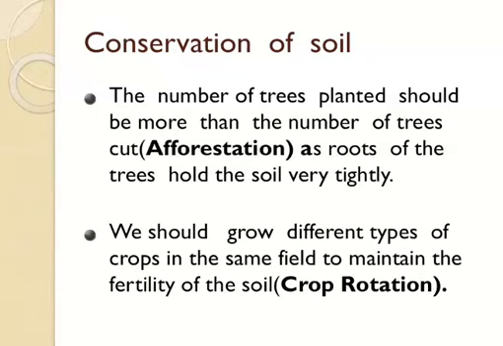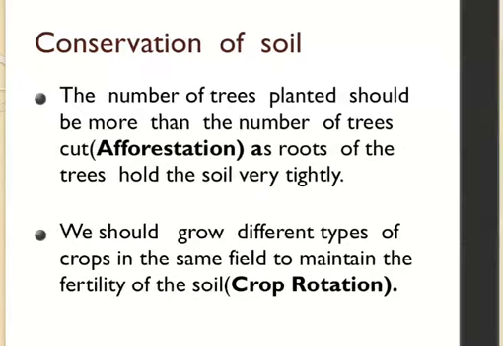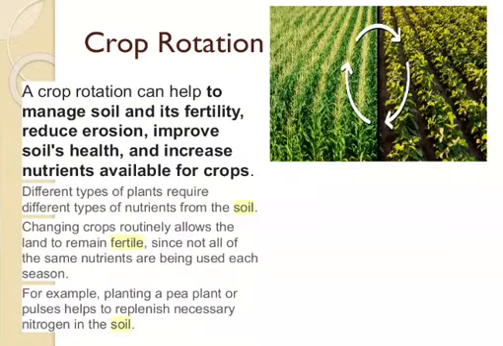In this method, we should grow different types of crops in the same field to maintain the fertility of the soil. Let's see a small introduction about this. Crop rotation can help to manage soil and its fertility. It reduces erosion, improves soil's health and also increases the nutrients available for other crops.